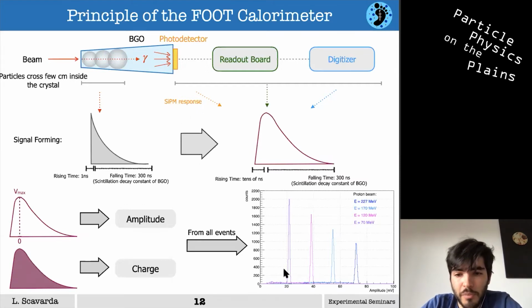From each amplitude or charge distribution, we performed a fit with a Crystal Ball function, and we extrapolated the average value, so the mean value of the Gaussian peak, representing the initial energy of the beam, and also the energy resolution from the ratio between the width and the average value of the peak.